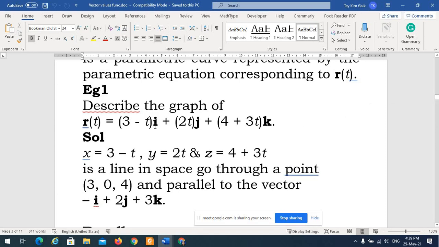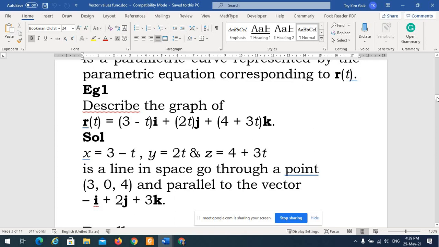The answer: this is a straight line in 3 dimensions. The straight line equation is, in the vector valued function, component i, let it equal x. So x equals 3 minus t. Component j, let it equal y. y equals 2t. Component k, let it equal z.